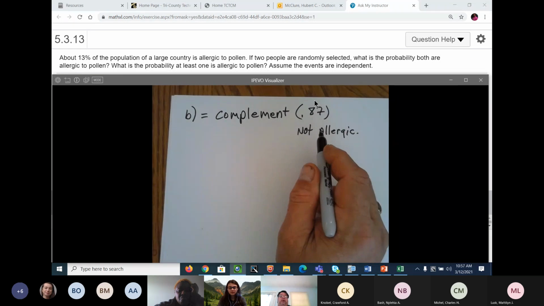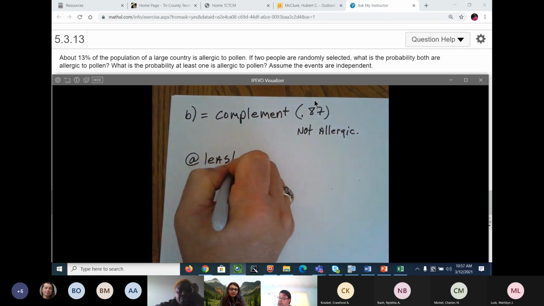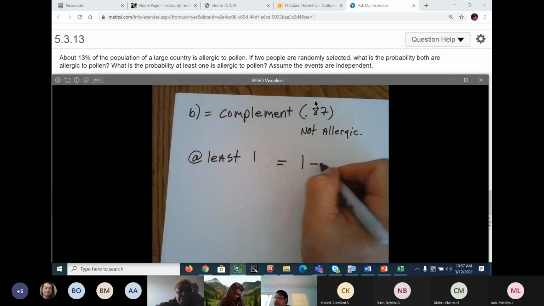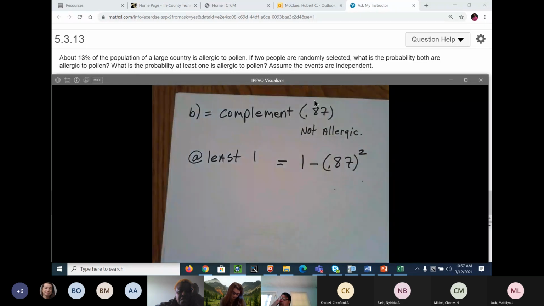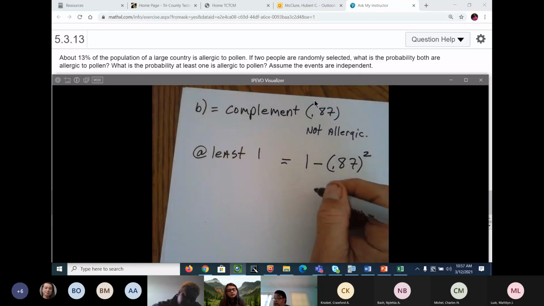What is the probability of at least 1 is allergic? That's going to be equal to 1 minus 0.87 to the second power. And remember, that's going to be how many are allergic. At least 1 means that the lowest number is 1. Technically, this right here is the probability of 0.